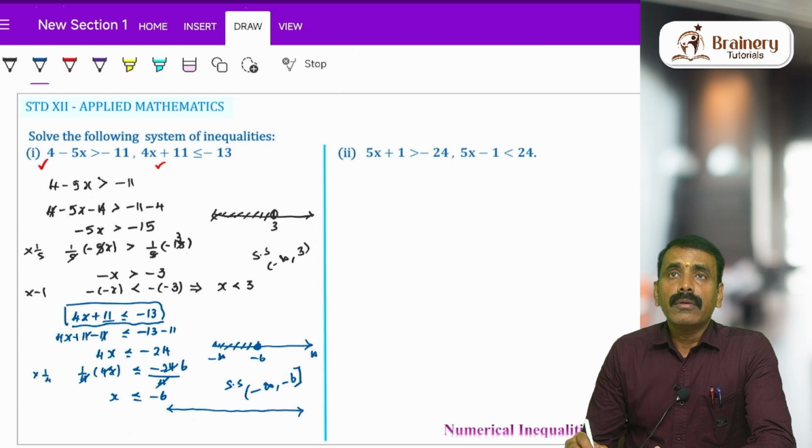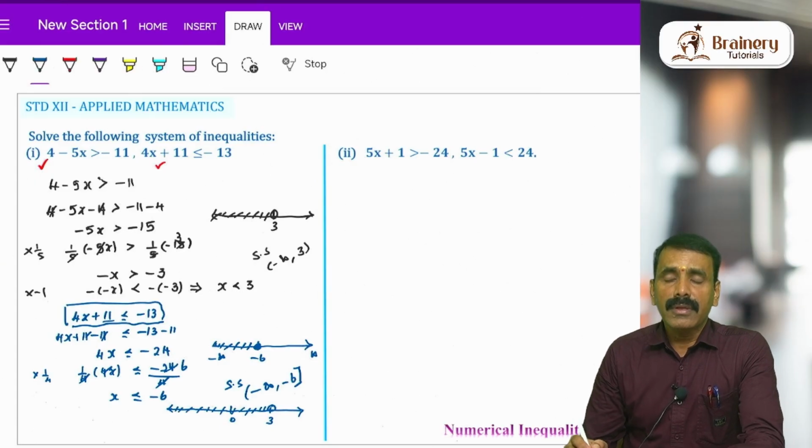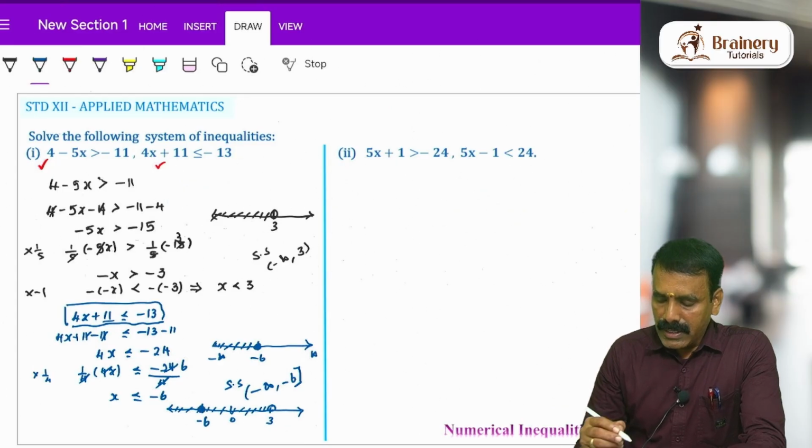real line. We are having 0, and 3 will be on the right side. It is going to be the first solution set, less than 3. This is the solution set for the first inequality. For the next one, it is going to be minus 6, closed, and less than or equal to again.